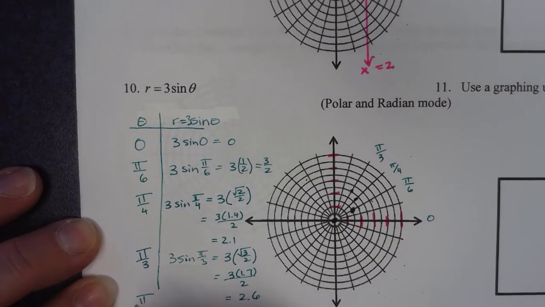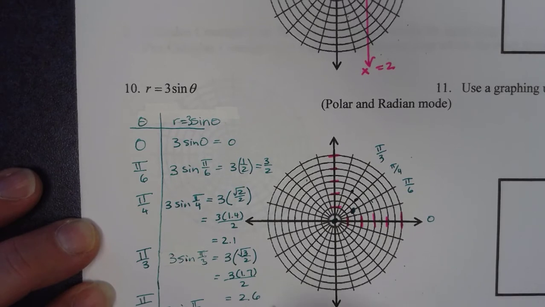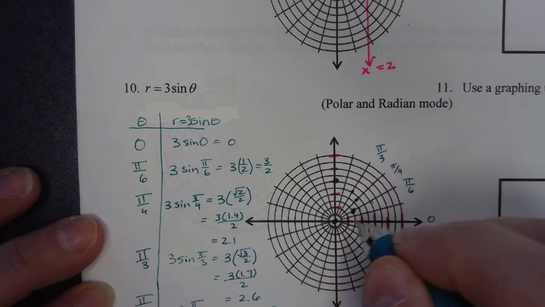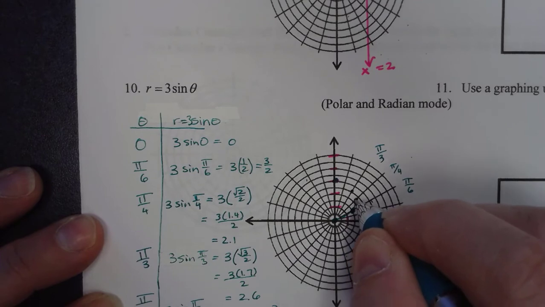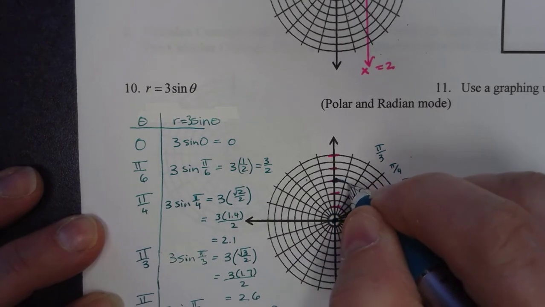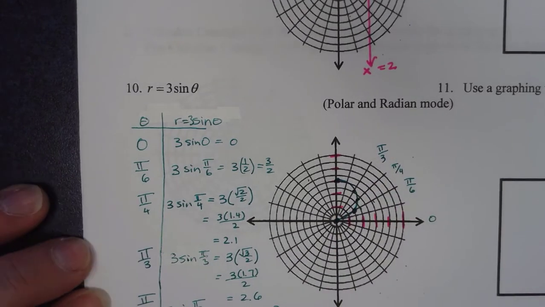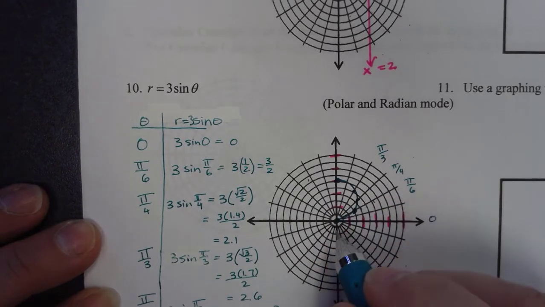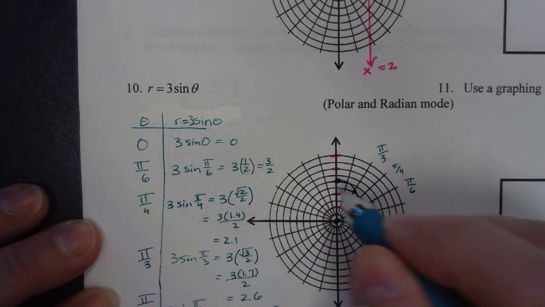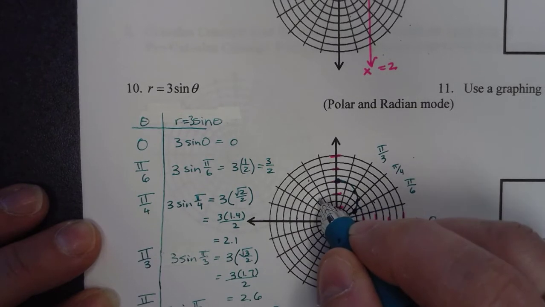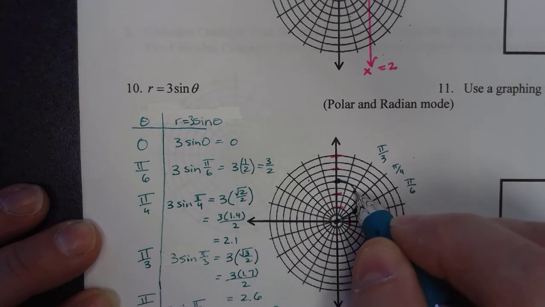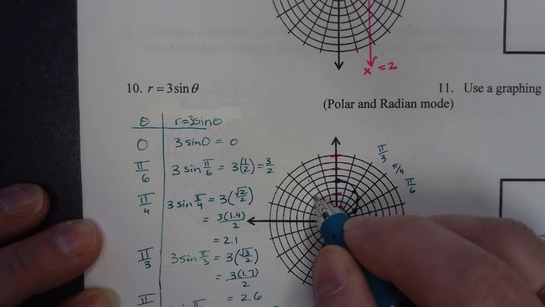What about pi over 2? At pi over 2, that's 3 times the sine of pi over 2, which is 3 times 1, which is 3. Now, if you look very carefully, and I connect these in the order that I did them, from 0 to pi over 2, I have a semicircle. Guess what? If I keep going, at this point, it's going to be about 2.6 on the pi over 3, so there's 2.6.